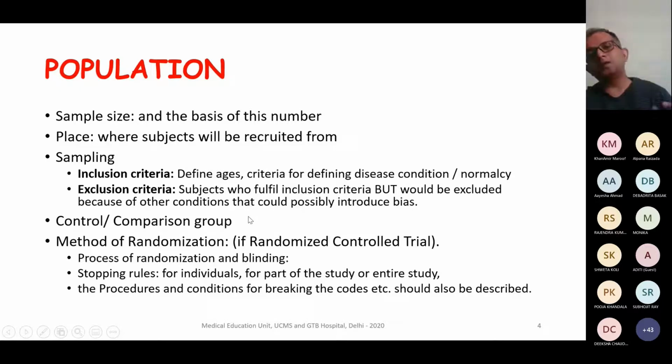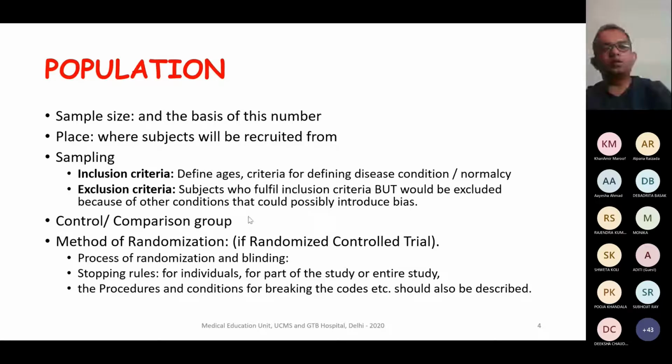So in that condition, you have to exclude them, even though they are fit to be included in your study. They fit the definition of the study population you have defined, but due to some additional conditions they are having, which may affect the results of the study, you are excluding them. So that is the exclusion criteria which you need to define.